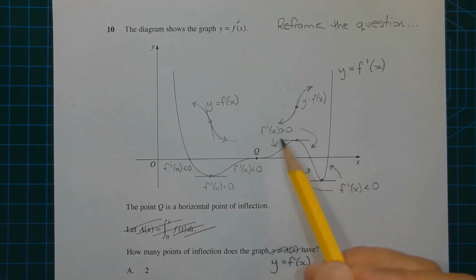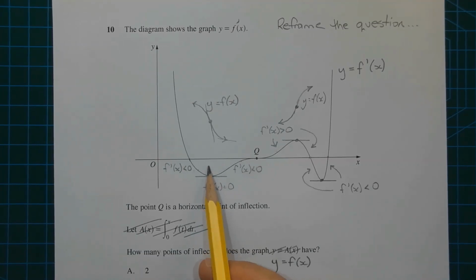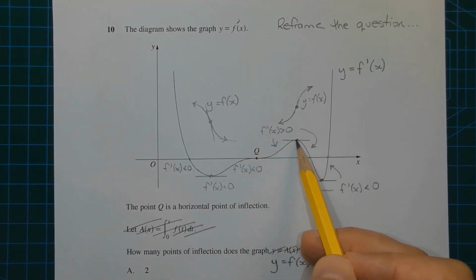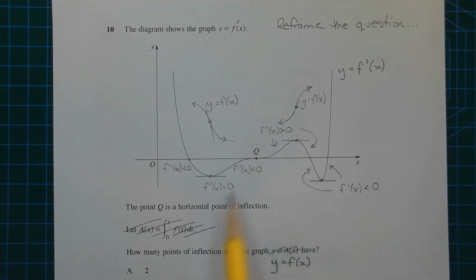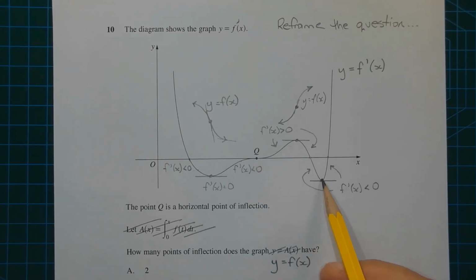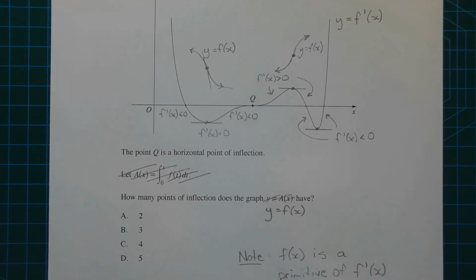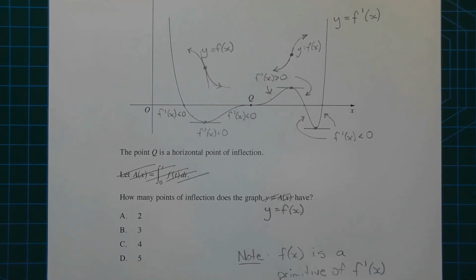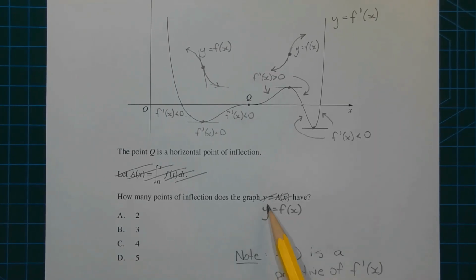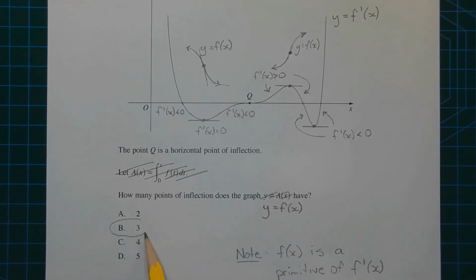Now, for similar reasons to what I explained here, this point here corresponds to an inflection point on the curve y equals f of x, and also this point here. Therefore, there are 3 points of inflection on the curve y equals f of x. If we go back to the wording of the original question, how many points of inflection does the graph y equals f of x have? The correct answer is 3.